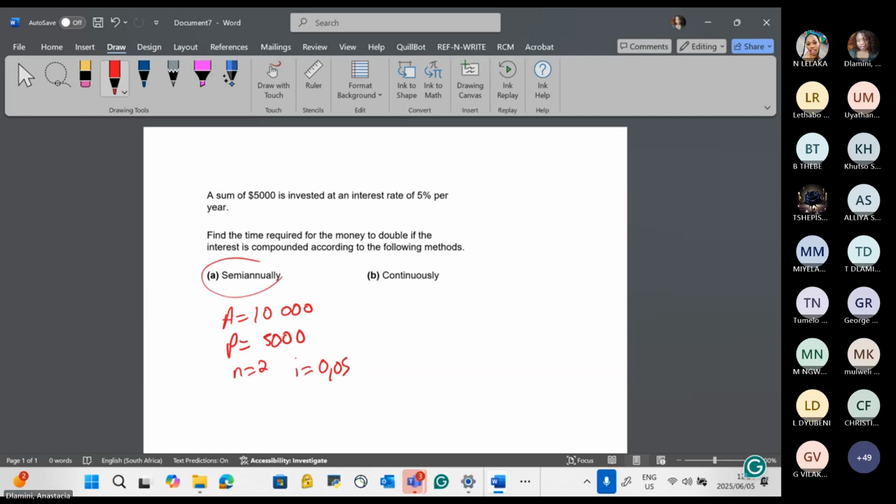A equals P, the compound interest formula. Open bracket, 1 plus I over N, close bracket, to the power of NT.